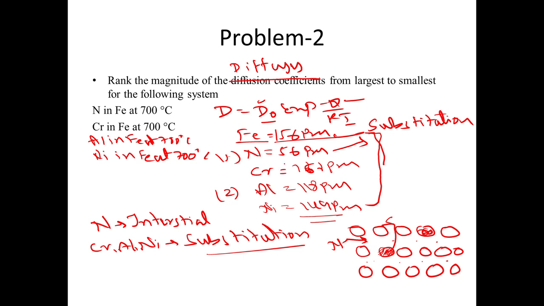If you increase the atomic radius, you need extra energy to fit a larger atom into the sites, because we have to push the other iron atoms to larger distances; only then will diffusion occur. That's why it requires more energy for larger atoms. That means chromium has the least diffusion value, whereas third position goes to nickel and fourth position goes to chromium.